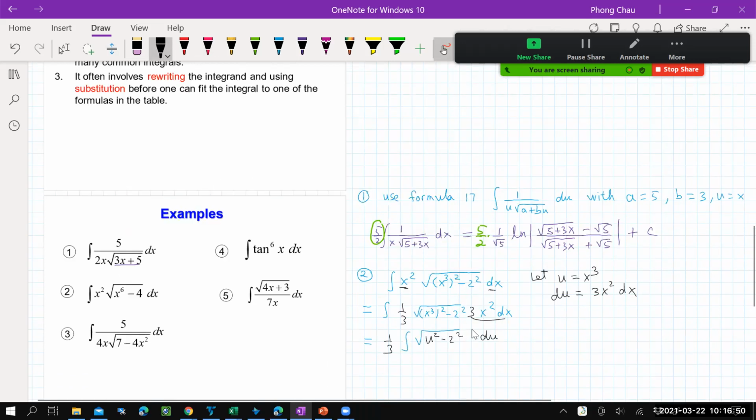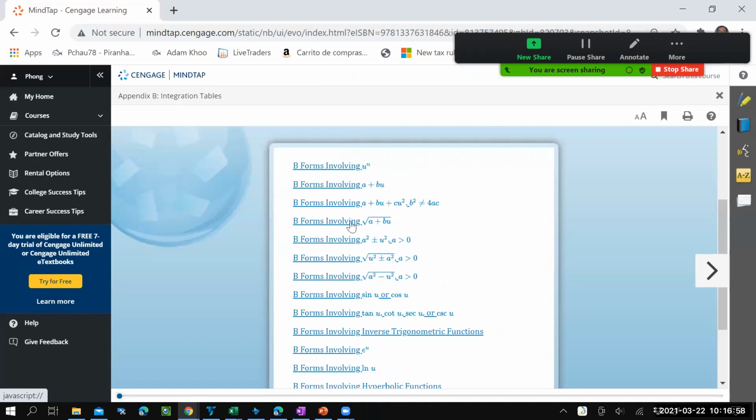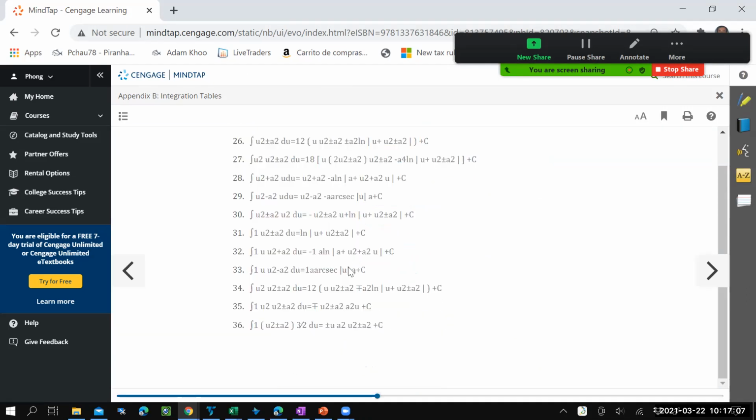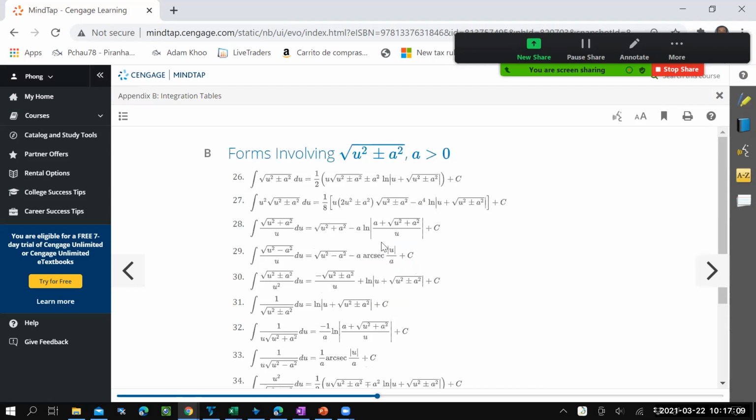Let's find the form that fits perfectly. So now we have a new integral, the square root of u squared minus 2 squared. Which one? It looks like the form u squared plus or minus a squared, and all we have is u squared minus a squared. So that is precisely formula number 26, right?